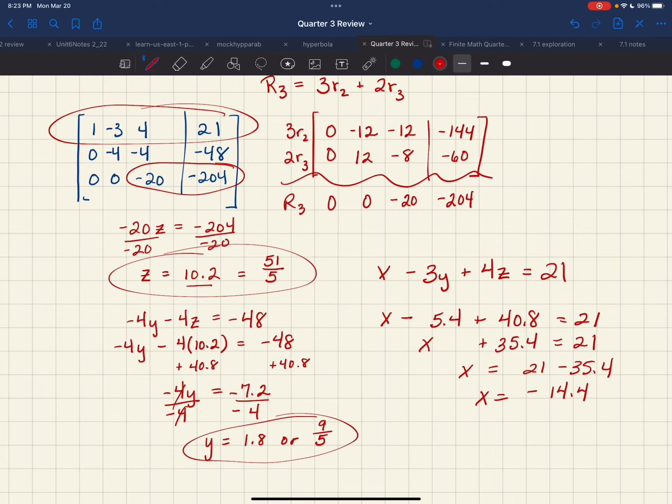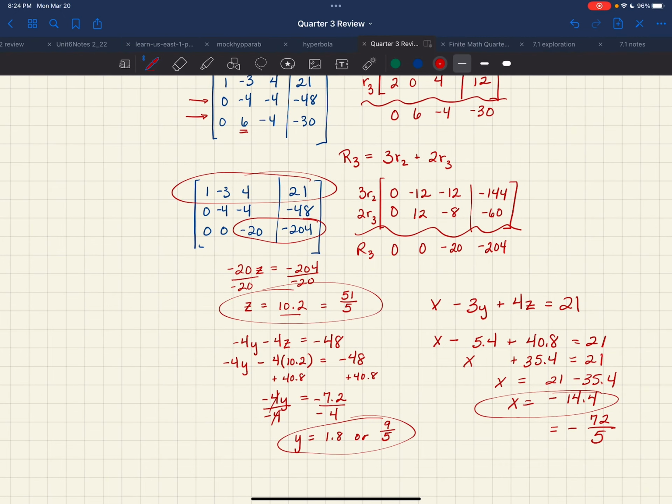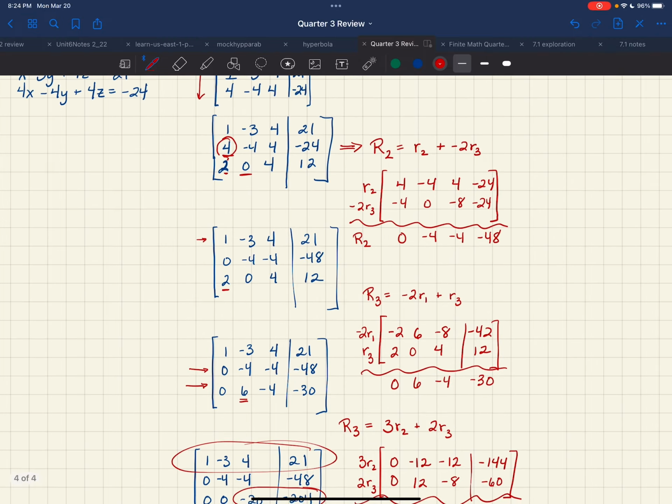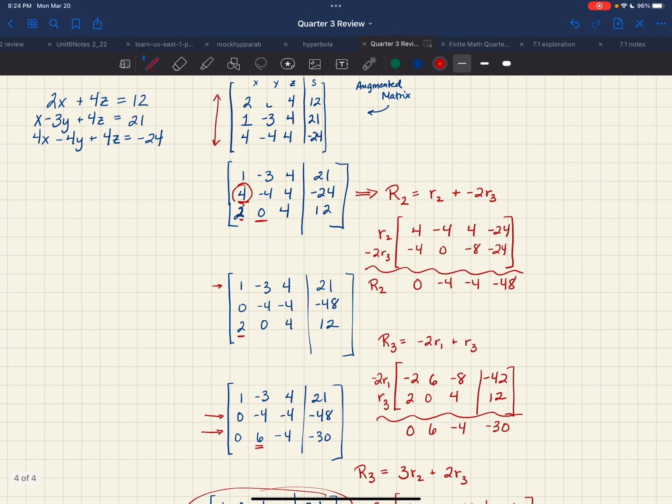Or I could call that negative 72 over 5. Either one of those will work. Probably I would keep it to decimals. So these are not too bad. You just got to be careful with all of your steps to make sure you didn't make a mistake. That's the tricky part about these. Okay? In the next video, we'll go over the other example.